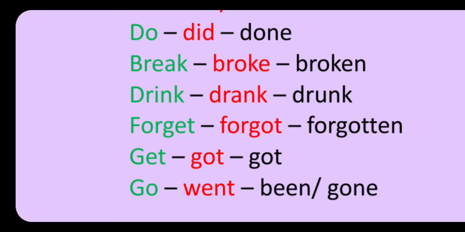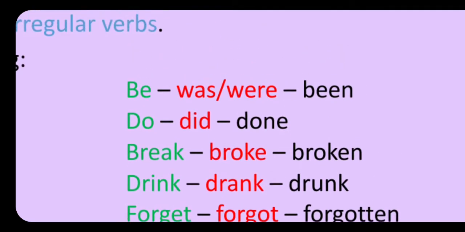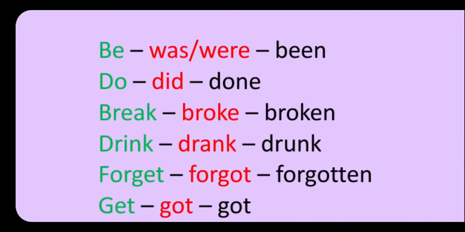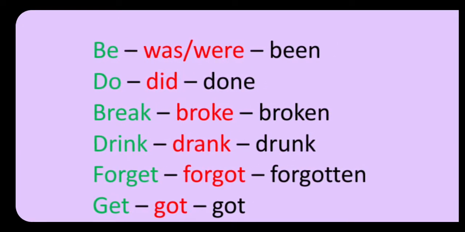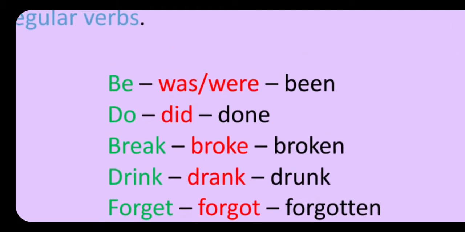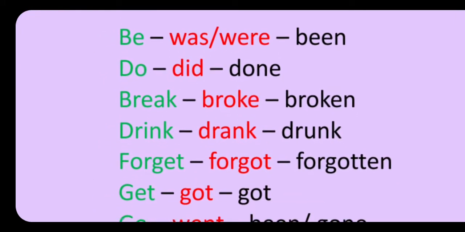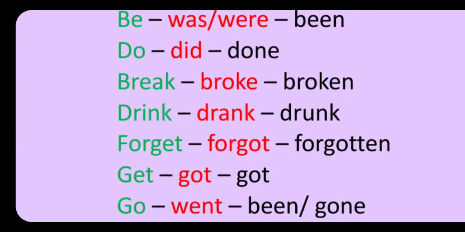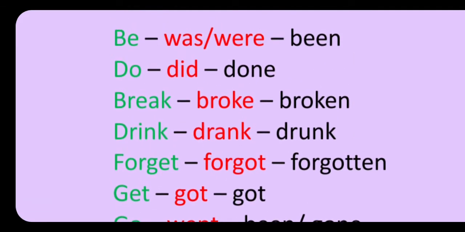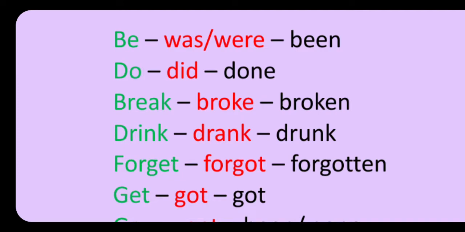For example, the verb get. You have get, got, and got. But most of the irregular verbs change. Been, done, broken, drunk, forgotten. These are examples of irregular verbs that change when they become past participle form.